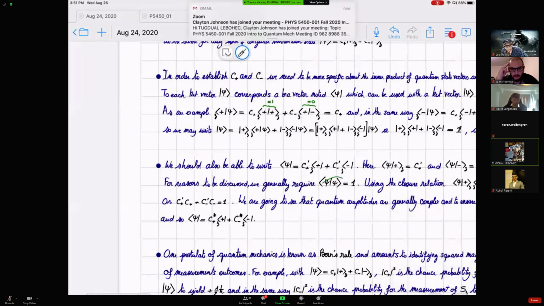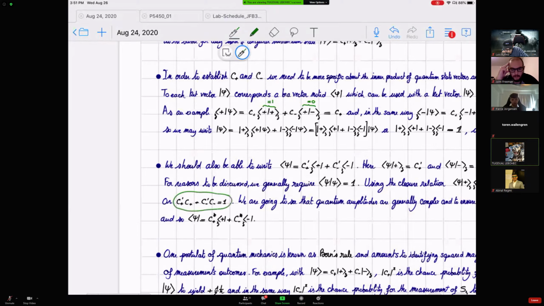So the normalization condition, which is a property of psi that is independent from the basis that you are using to describe psi, is transcribed, once you choose a basis, in terms of the components of psi into this expression that we have here.